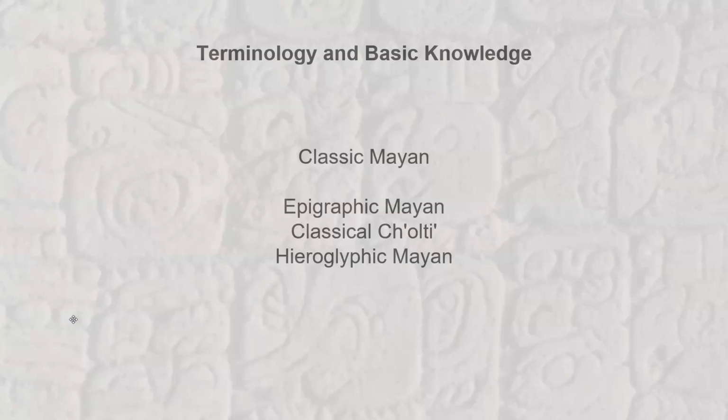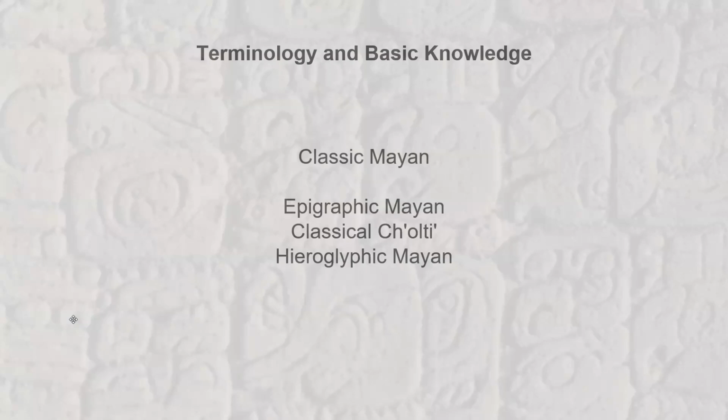And Classic Mayan is the language of the hieroglyphs. We have several definitions for that. It's also called epigraphic Mayan. The linguists call it classical Cholti. Cholti is a language that does not exist anymore and was spoken in the 17th century and documented by a Spanish friar called Francisco Moran.